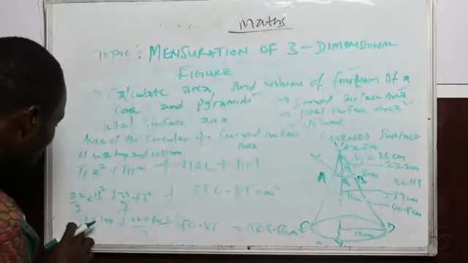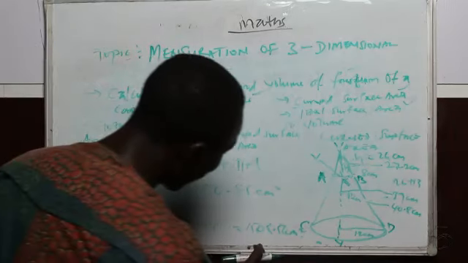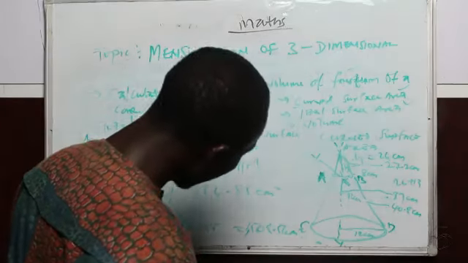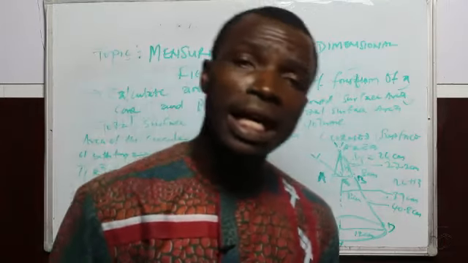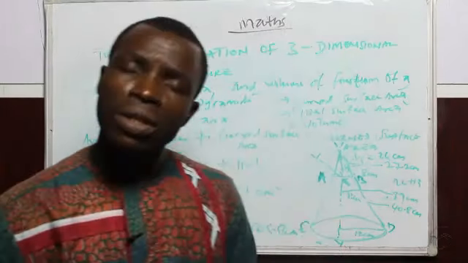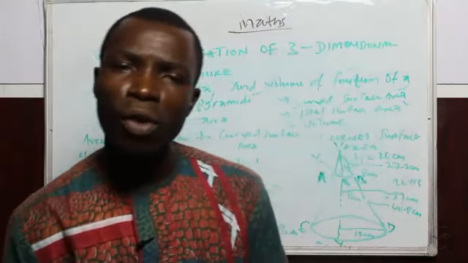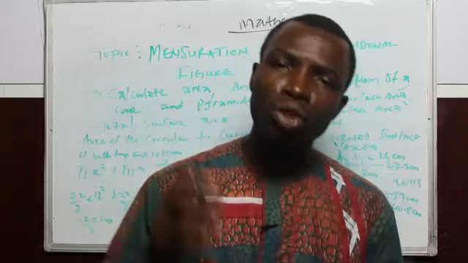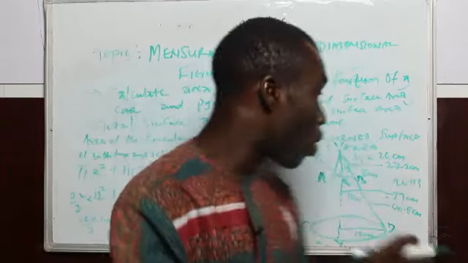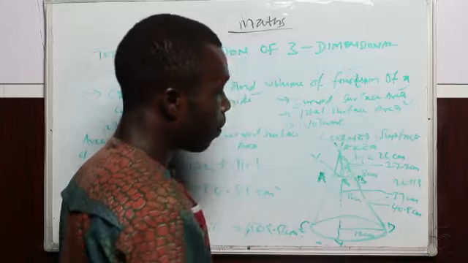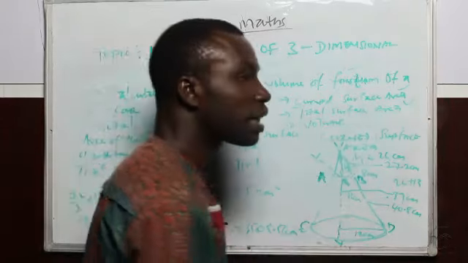When you add this plus 854.85, it will give us 1508.56 square centimeter. So the total surface area is the area of the circles of both top and bottom, pi r square plus pi r square, plus the curved surface area that we found.